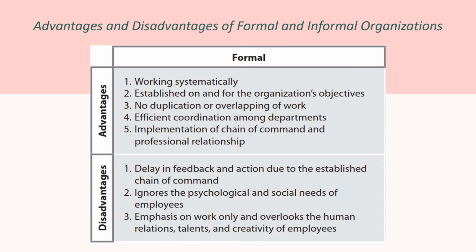And then number five, implementation of chain of command and professional relationship. So why? Because in a formal organization, the chain of command is clearly drawn so that the personnel in the organization can follow them and can follow the order depending on the chain of command.